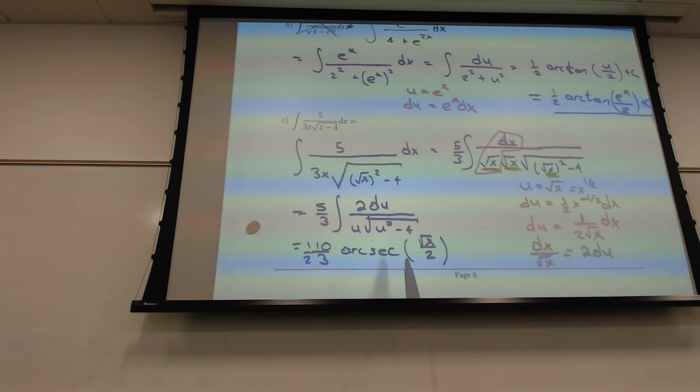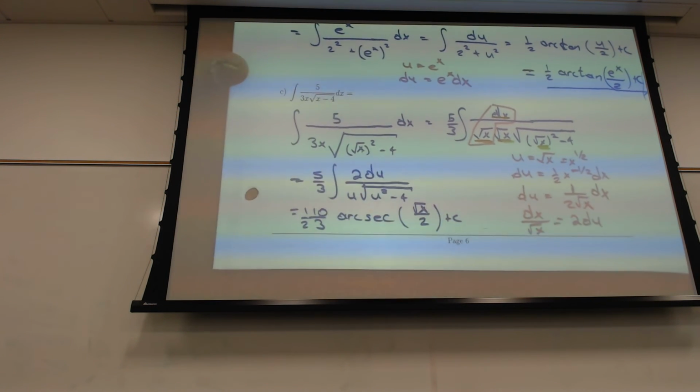That function is never negative, right? In fact, the domain is only 0 and all positive values, and it outputs only positive values. So no need in this case to have those absolute value bars. But if you want to write them, that's fine. Well, never mind. So plus c, and final answer for this. So 10 over 2, that's 5 thirds.